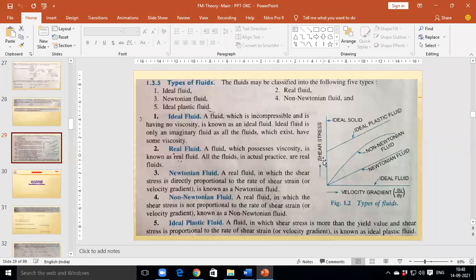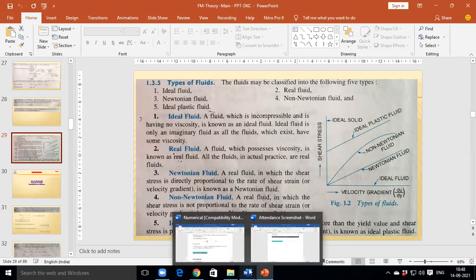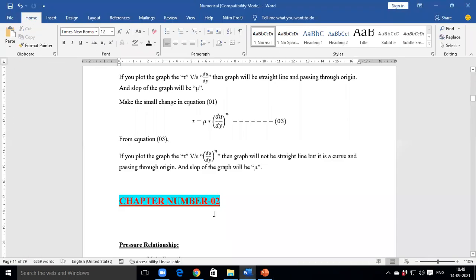Shear stress is not directly proportional to velocity gradient in case of a non-Newtonian fluid, but in case of a Newtonian fluid, shear stress and velocity gradient are directly proportional. Keep in mind.